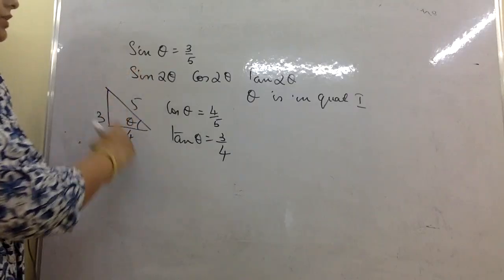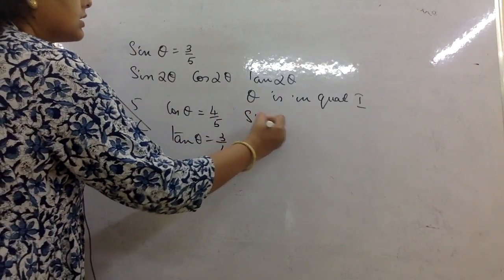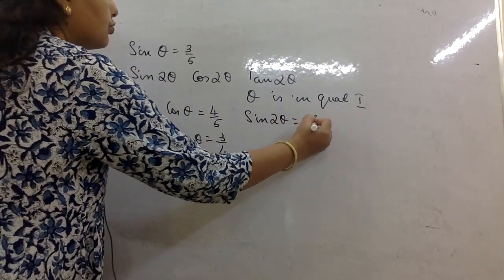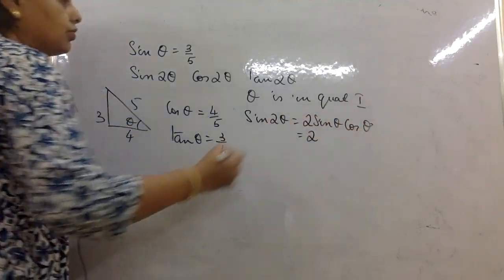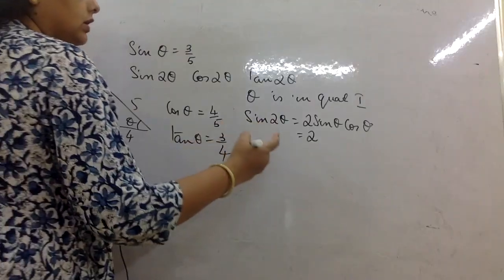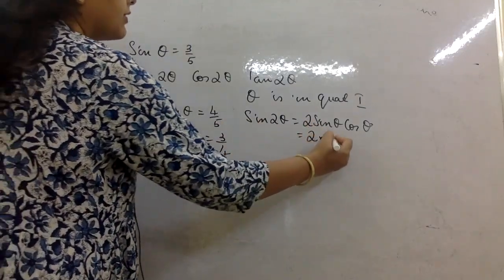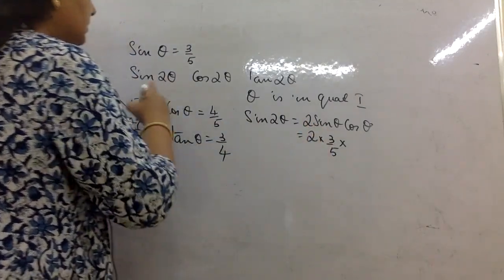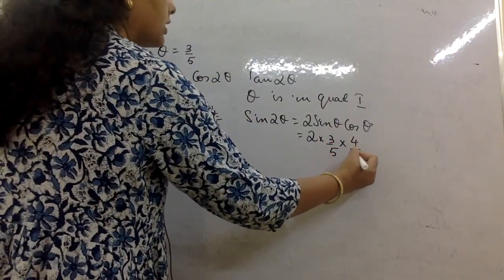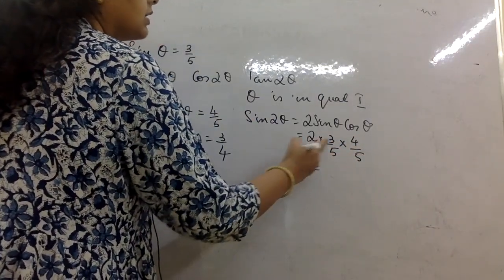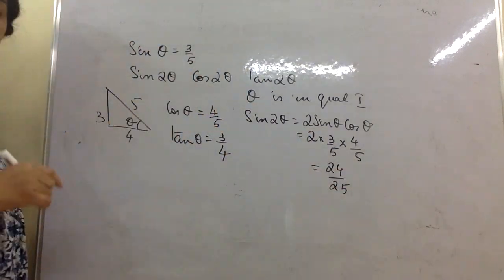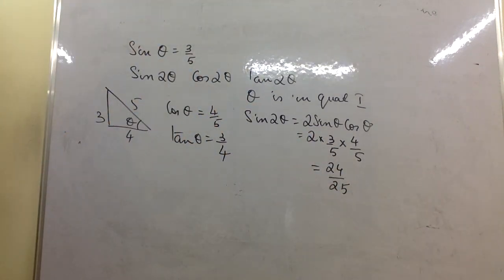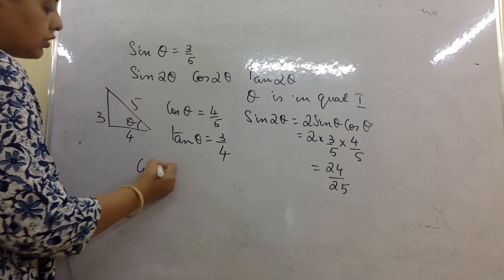Now let us start with sine 2 theta. Sine 2 theta is 2 sine theta cos theta, which is equal to 2 into sine theta, which is 3 by 5, and cos theta, which is 4 by 5. So we get 24 by 25. That is the first answer. Now the second answer is cos 2 theta.